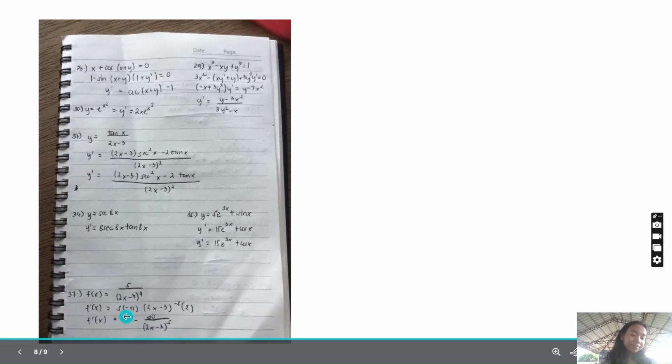Number 37, we can apply the quotient rule, but in this case, I just use the chain rule, since I can rewrite (2x minus 3) to the power of 4 in the denominator as (2x minus 3) to the power of negative 4.